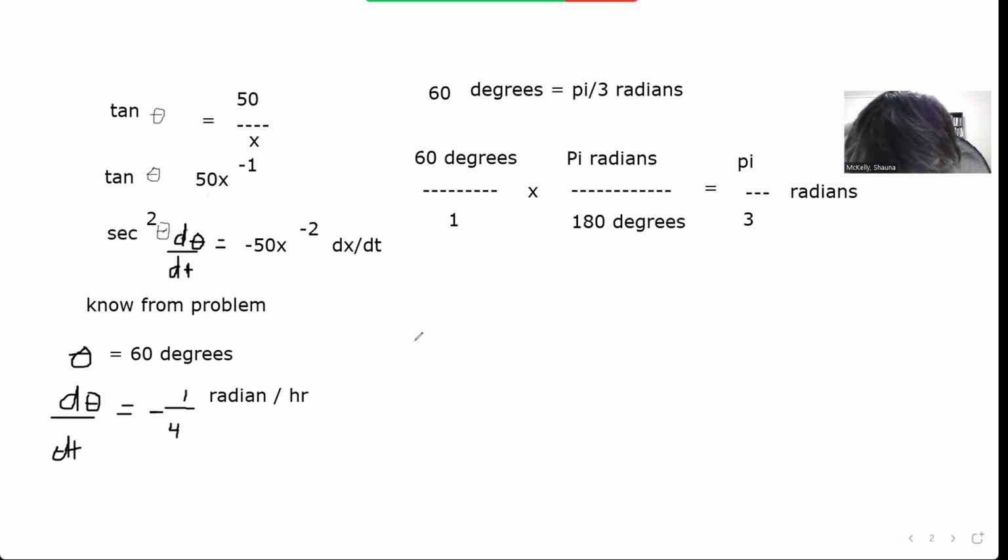So we have the following. We have secant squared theta d theta dt.